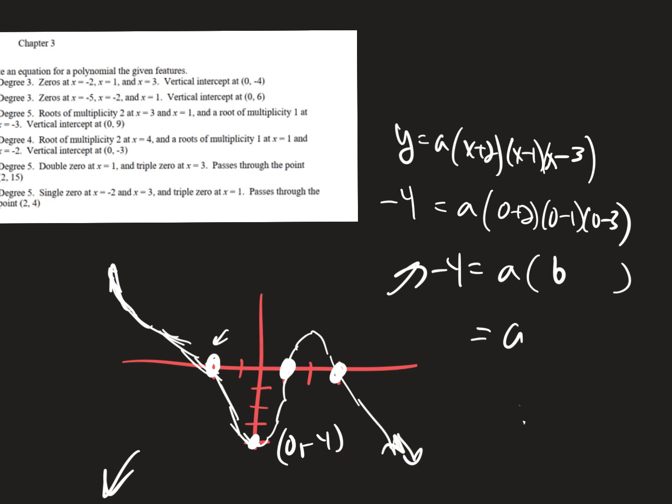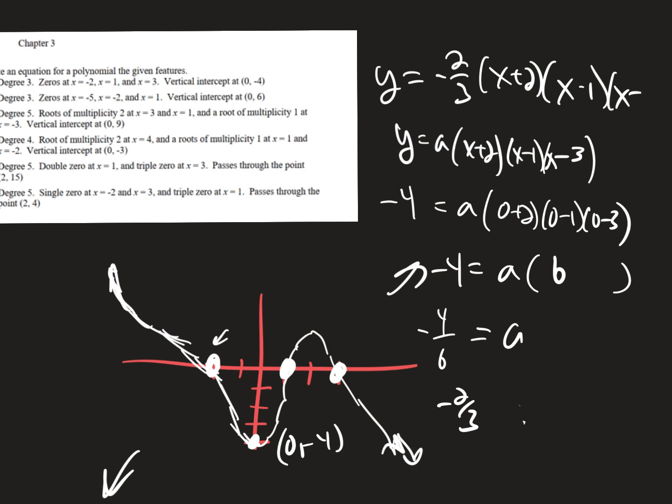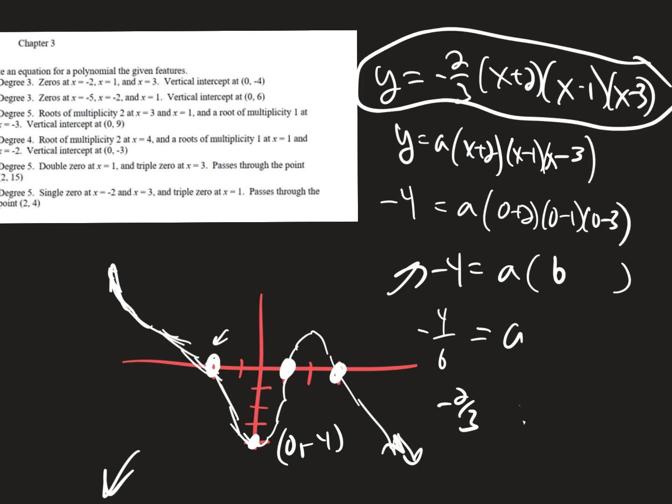So a equals -4 over 6, or -2 over 3. And that agrees with my decision earlier that a would be negative. I can't erase that, so I'm just going to rewrite the answer: f of x equals -2 over 3 times (x plus 2) times (x minus 1) times (x minus 3). And that polynomial should match that description.